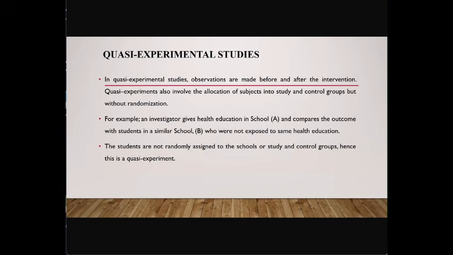In school B, where we did not make any intervention, we might discover that no change has taken place. What we found at baseline before the intervention still remains, right? Then we can say that the intervention we carried out was responsible for the change that took place in school A where we carried out the intervention.